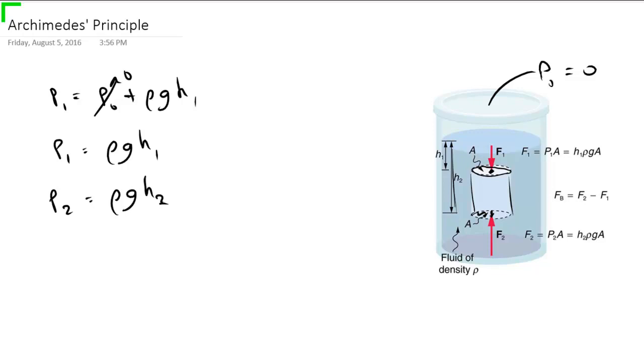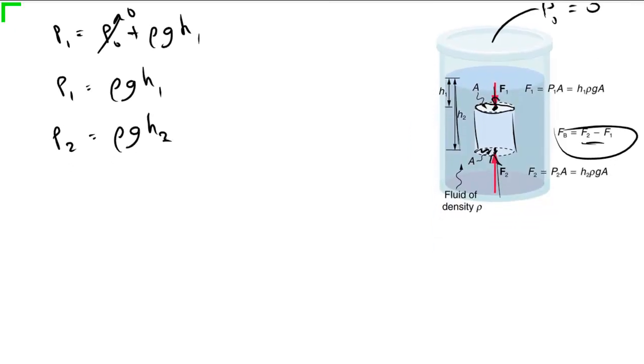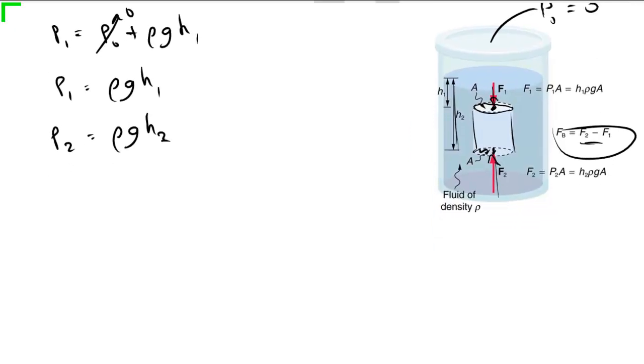Okay, so we're trying to investigate this buoyant force. The buoyant force is the net force upwards. We know there's a force F2 going up and force F1 going down, and the buoyant force is the difference between these. Now that we have the pressures and the area A, we can say that because force is pressure times area, force 1 would be pressure 1 times area.